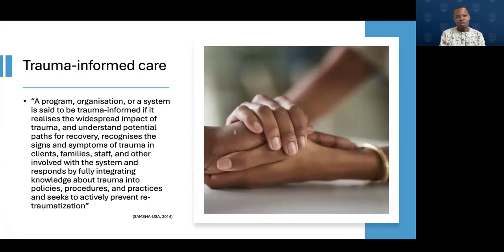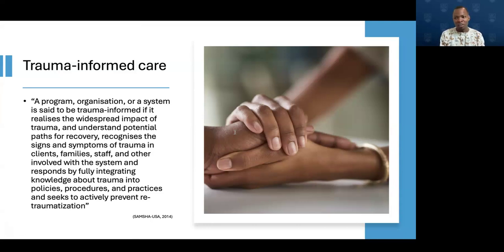Now, we cannot talk about trauma-informed design without discussing trauma-informed care. Just like trauma, there is no universally accepted definition for trauma-informed care. And as usual, people tend to rely on the definition from the Substance Abuse and Mental Health Services Administration.